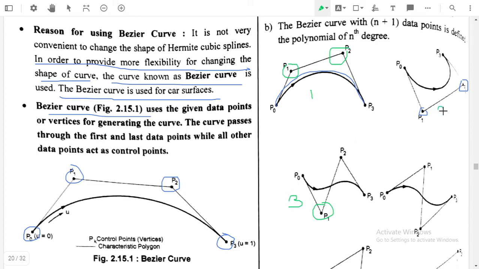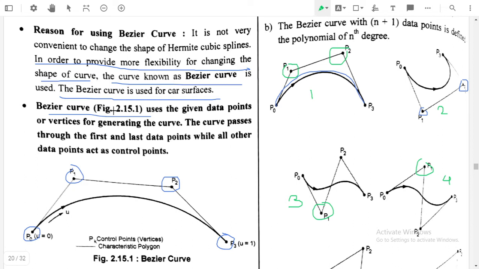Similarly, if we consider this is image 2 and this is image 4, in this case also, if we change the position of the control point P1, then the shape of the Bezier curve we obtain is totally different. So means if we want to change the shape of the Bezier curve, we need to change the position of the control points.